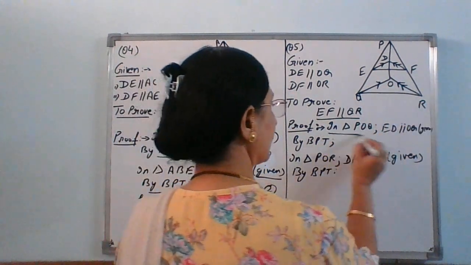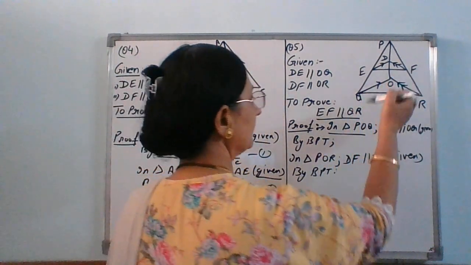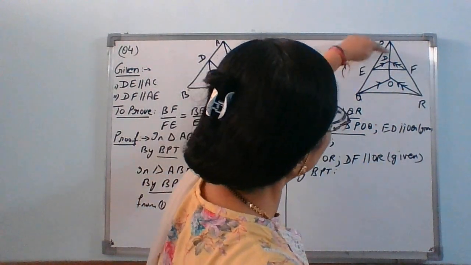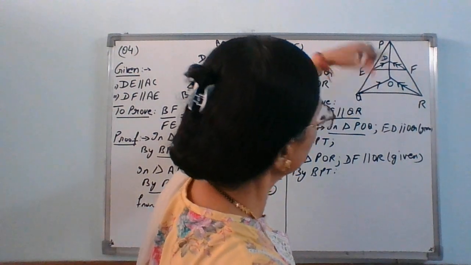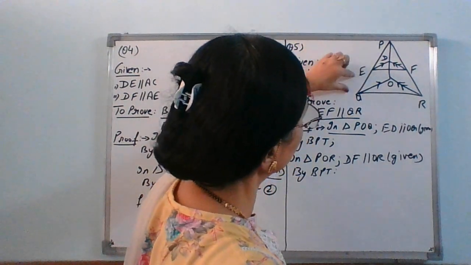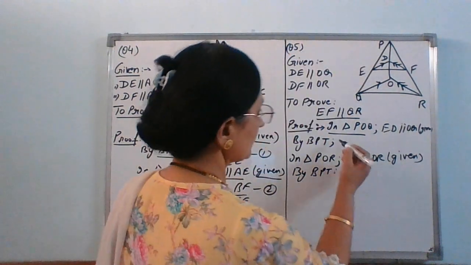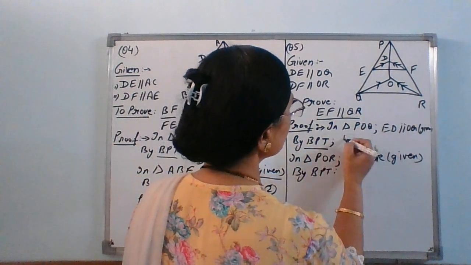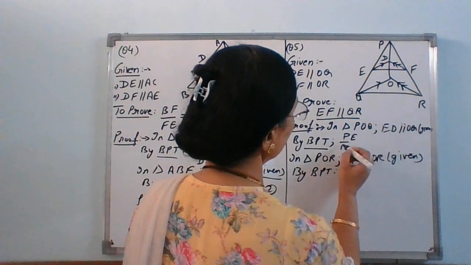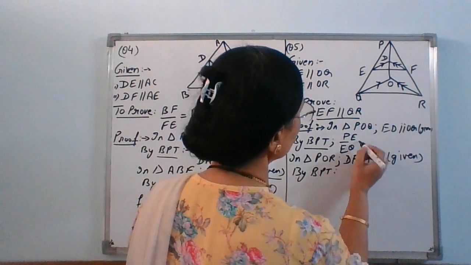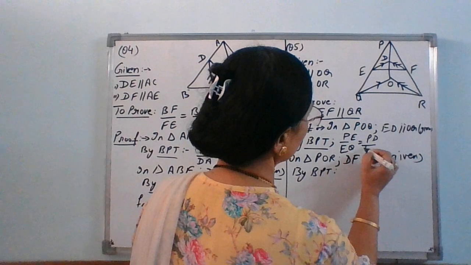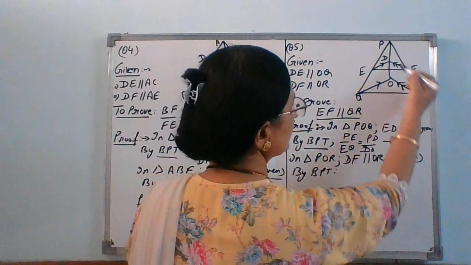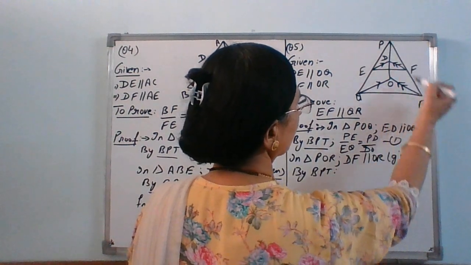Okay. So starting from one triangle here, POQ. In this triangle POQ, what is parallel? ED is parallel to OQ. Sides will be in ratio, PE upon EQ, PD upon DO. By BPT, you have to give the reason also, by BPT. So PE upon EQ is equal to PD upon DO. Number 1. Then the second, this side triangle, POR.